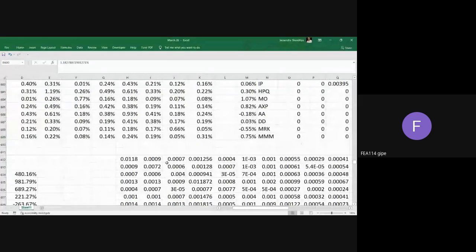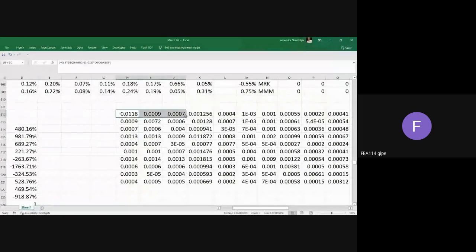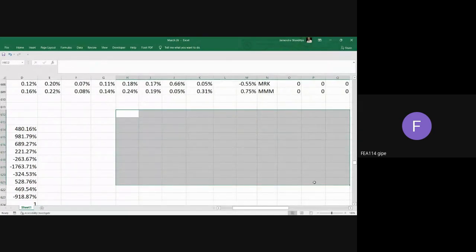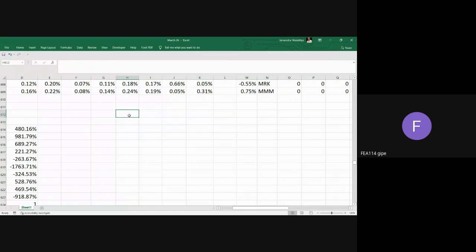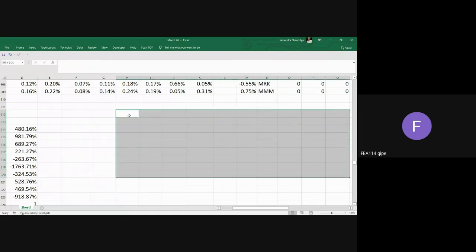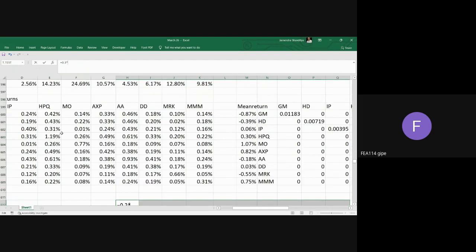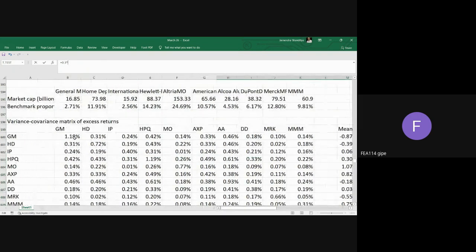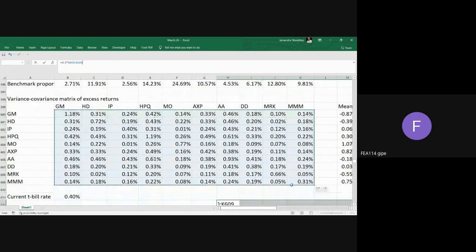So let me show you. It is already done, but I will delete it and show you once again. I was thinking that you guys were around. So 10 into 10. Here I use the shrinkage factor, which is 0.3, and because my factor is 0.3, I multiply the original matrix by it.